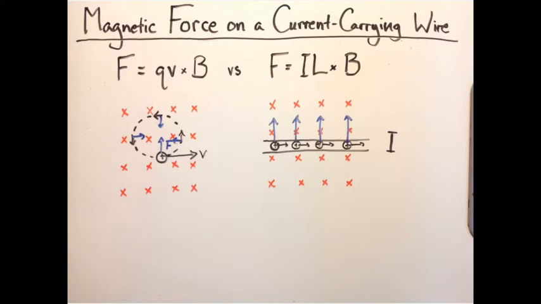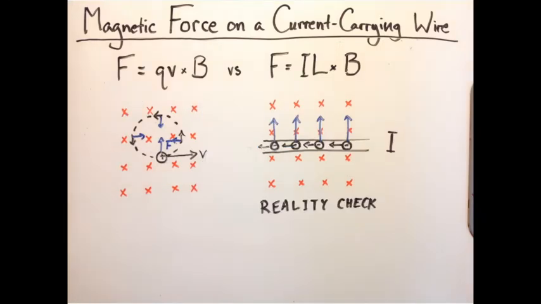But unlike the free-moving charge, which ends up going in a circle because the direction of its velocity changes, and therefore the direction of the force changes, these charges can't leave the wire. And so since they continue to move in one direction, as long as that current flows, the force also stays in a constant up-the-page direction.